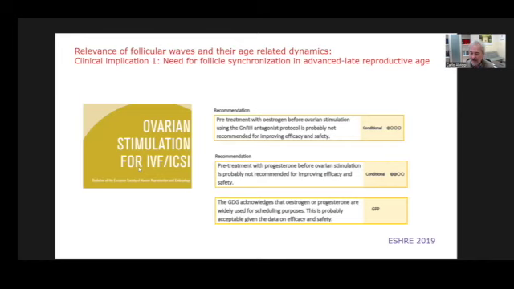This is very important because if we try to modulate gonadotrophin production during the luteal phase of the previous cycle, we can hope that less FSH during these stages can make the recruitment of dominant follicles lower. And so it is something that we can use for synchronizing follicles for the next follicular phase where we have to employ gonadotrophins for stimulation.